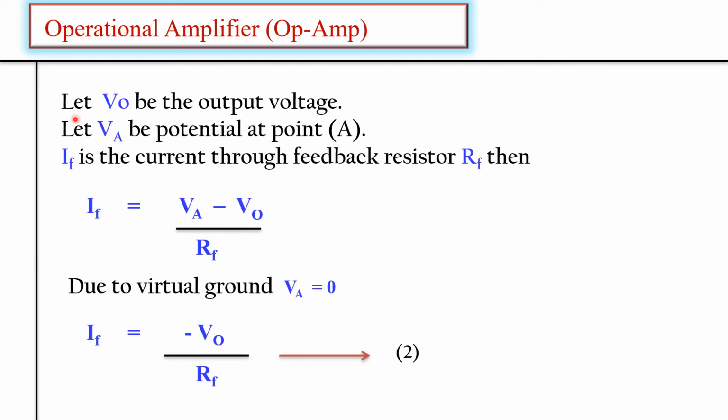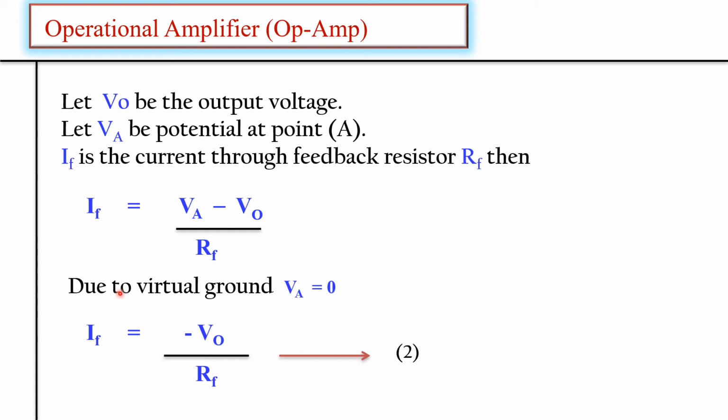Let Vo be the output voltage, and let VA be the potential at node A. If IF is the current flowing through the feedback resistance RF, which is connected between the output terminal and the inverting terminal, then IF is equal to (VA minus Vo) upon RF. Due to the virtual ground, VA is equal to 0.